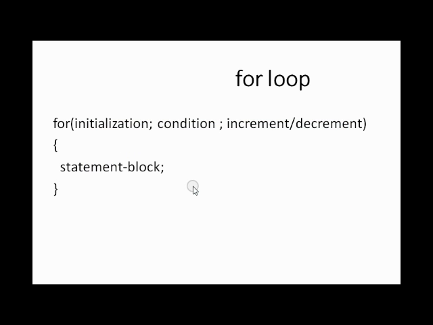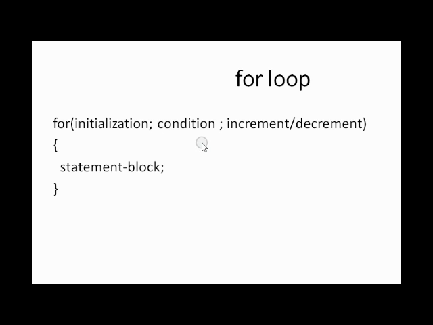Here we are going to talk about the for loop. The for loop is used to execute a set of statements repeatedly until a particular condition is satisfied. This is the syntax of the for loop. Let's see how it works. First it evaluates the initialization code. The second is the condition.